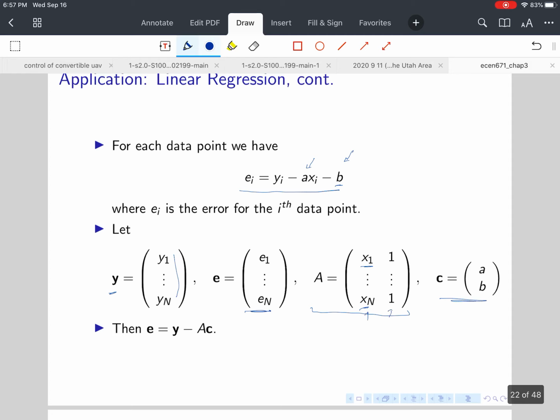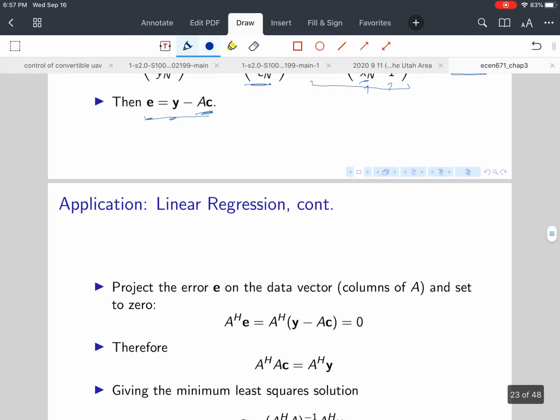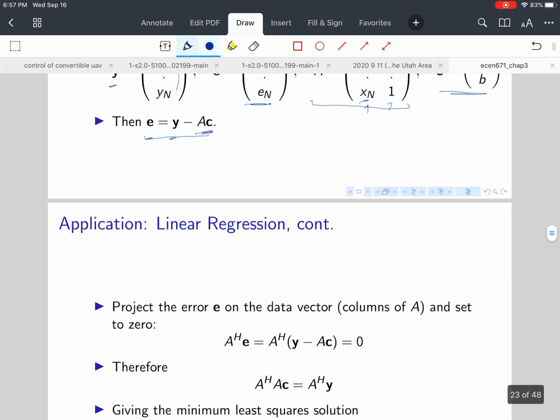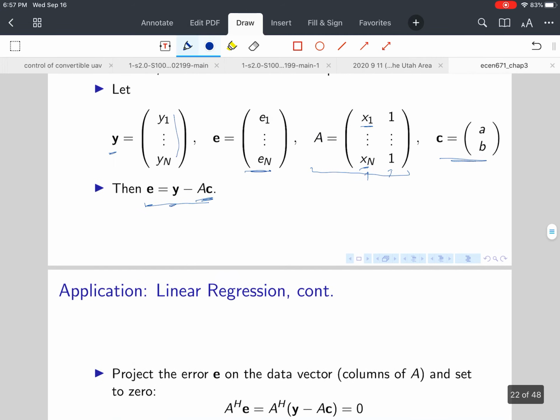So this A matrix is going to be all of your x's and all of your 1's. We can write this equation then as e equals y minus AC.